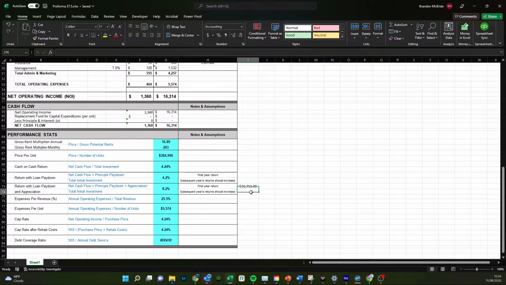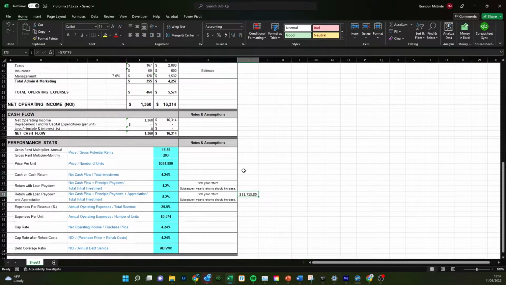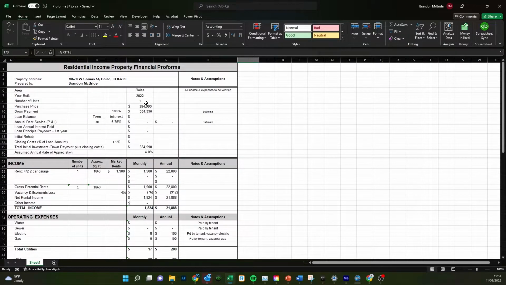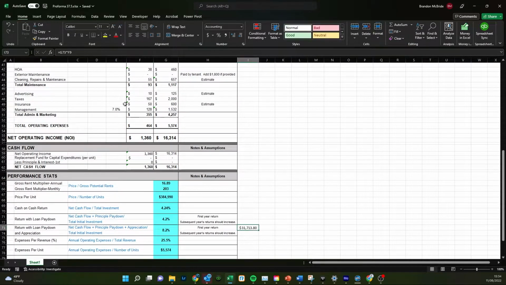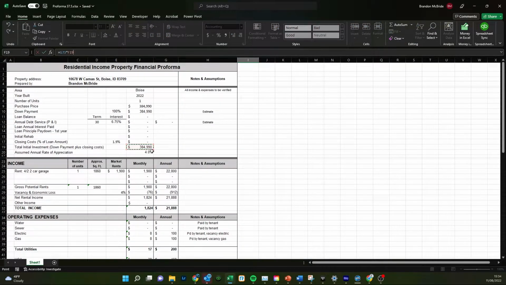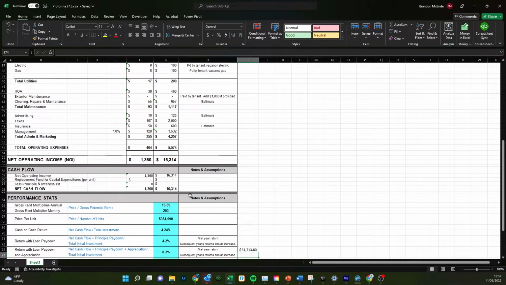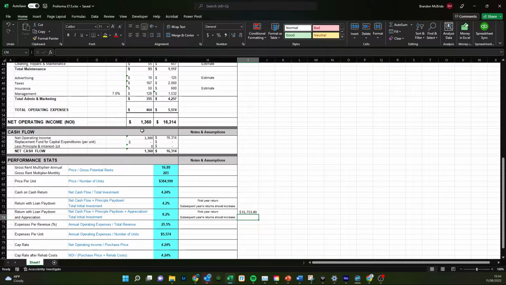Now, if we go and we say, well, I only want to put 50% down on this property, let's see how that changes. I'll have to edit this formula real quick, so we'll change it to times our initial investment right here, right? So you bring in $31,713 as your accrued profits.